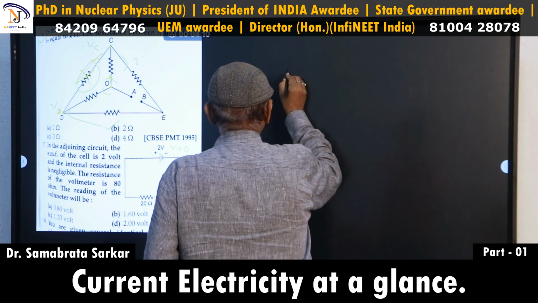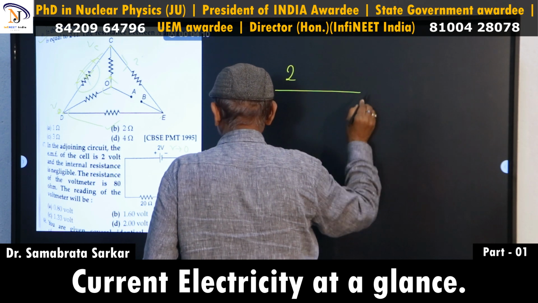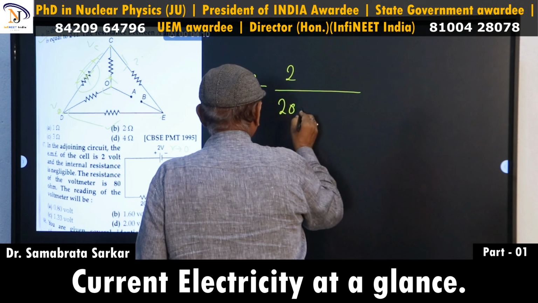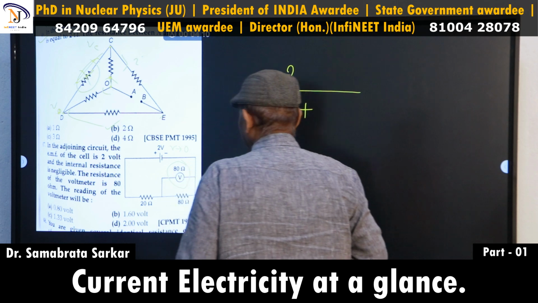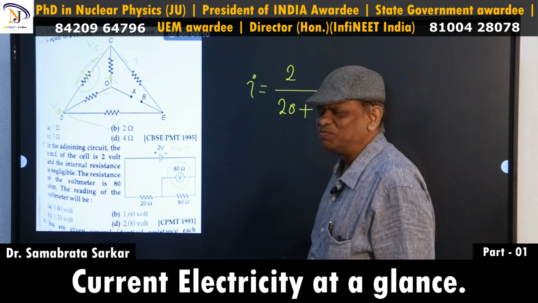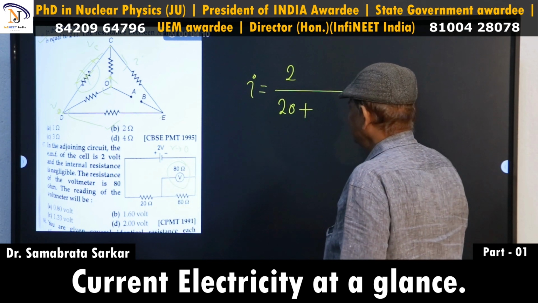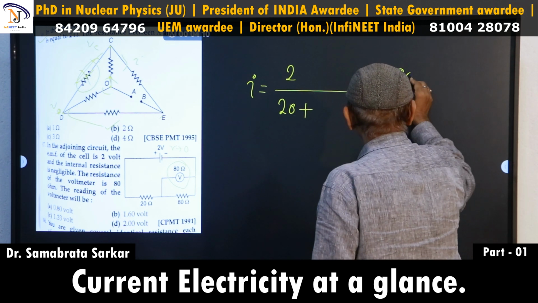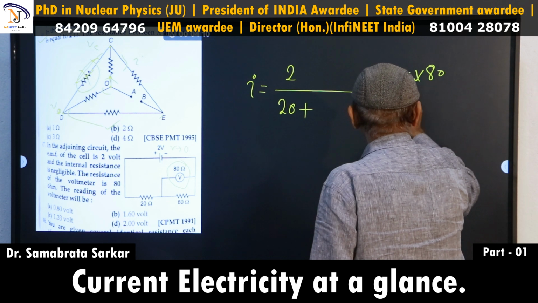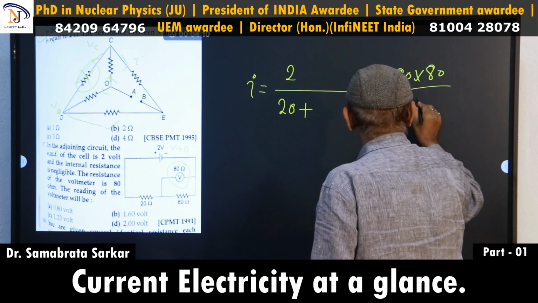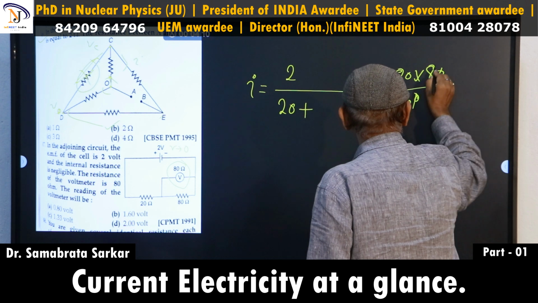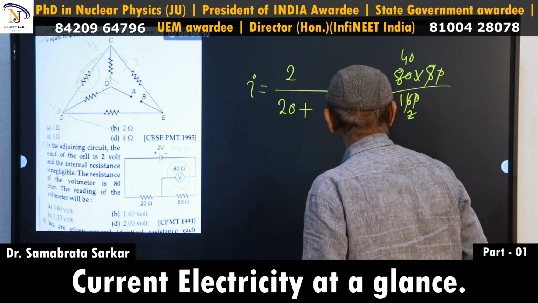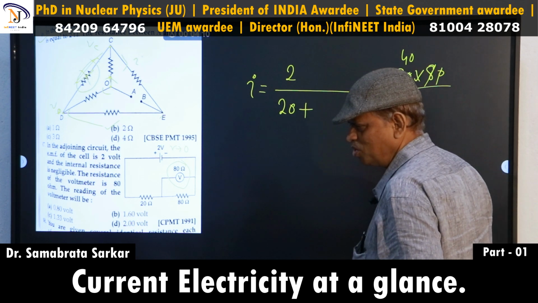That is the potential E divided by 20 plus 80 into 80 by 80 plus 80. Just see the resultant of these two: 80 into 80 by 160, that is 40.